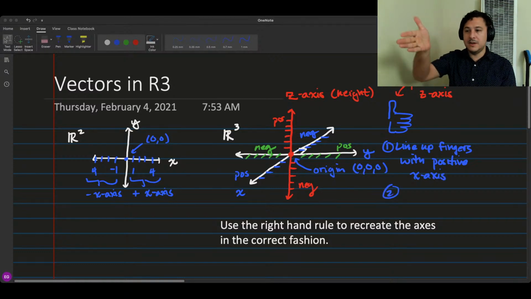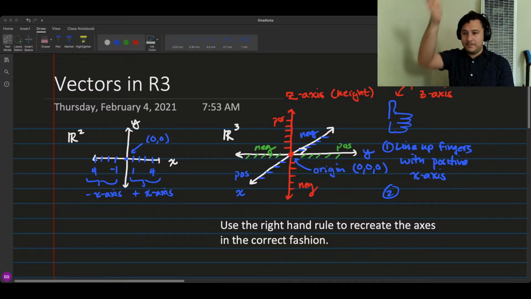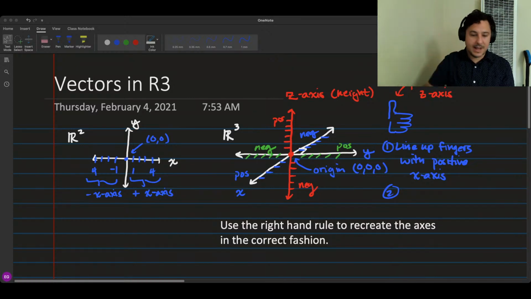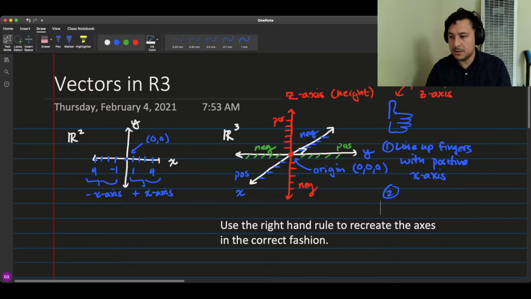Okay, so you have your hand like this. You put this finger on the positive x-axis. And then what you do is you rotate your hand towards your palm. It should be able to rotate to the positive y-axis.